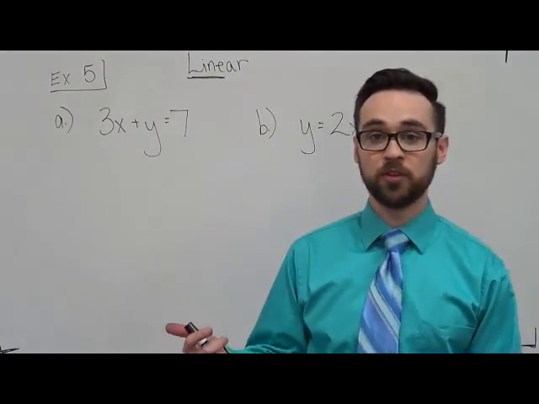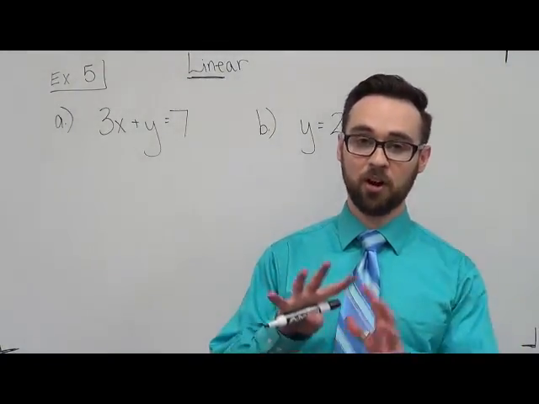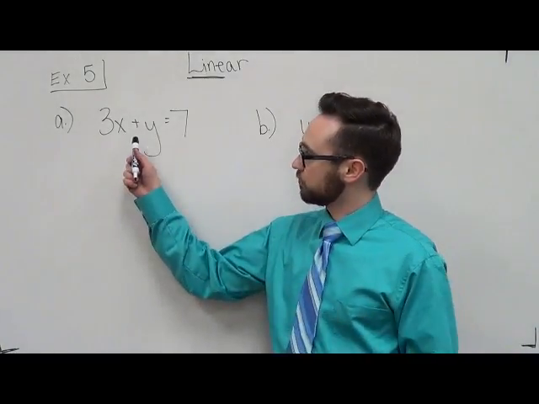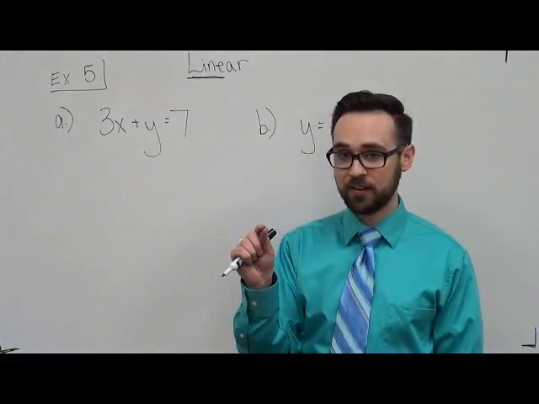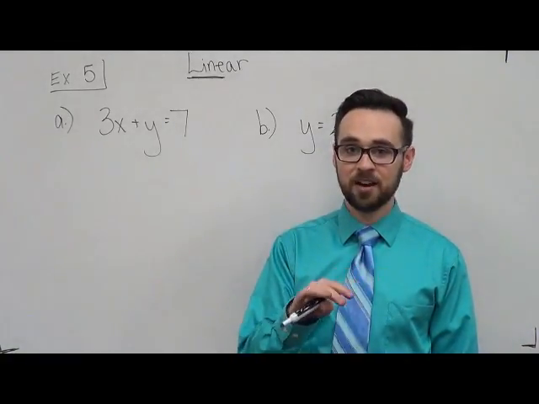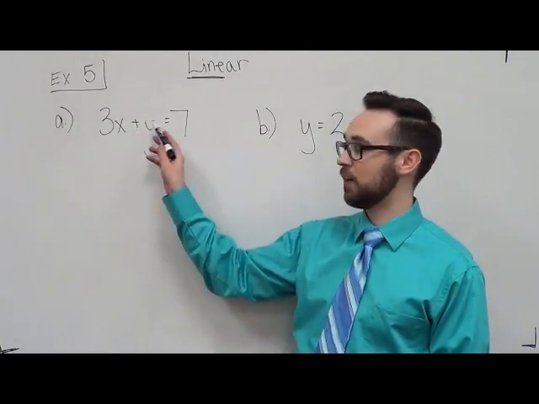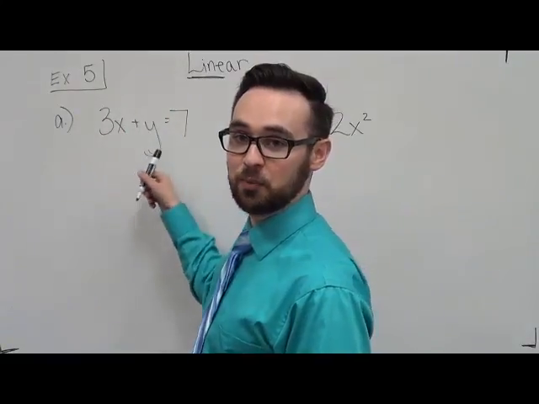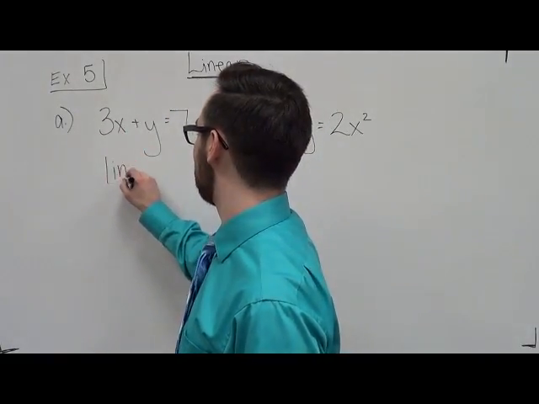Because we've worked with slope-intercept form and point-slope form, right? They were all no exponents. So if you multiply variables, or if you have an exponent on a variable, it is non-linear. If they're just regular variables, it's linear. So this is the kind of stuff we've been dealing with before. So this would be linear.